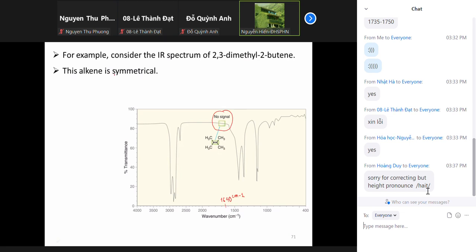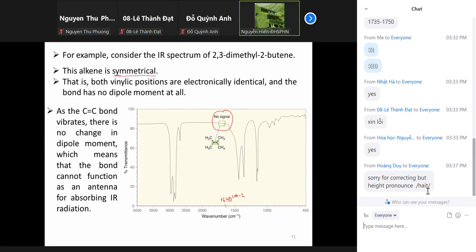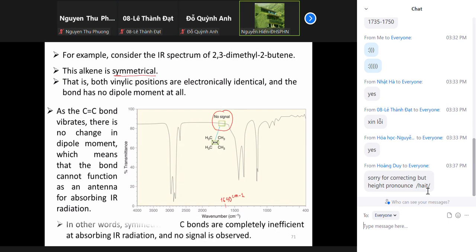This alkene is nearly symmetric, almost symmetrical, so it will possess a very small dipole moment. Okay, so remember that symmetrical CC double bonds are inefficient in absorbing infrared radiation. And in those cases, you may not see the signal for the CC double bond.